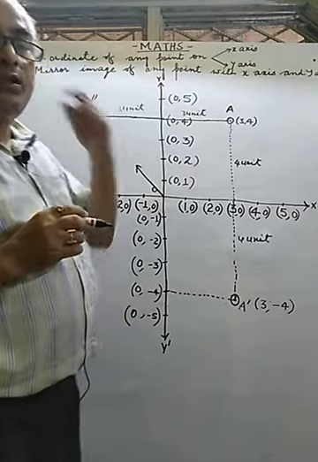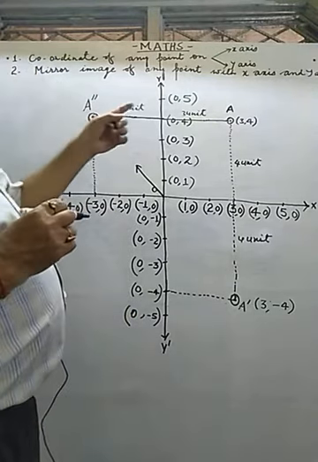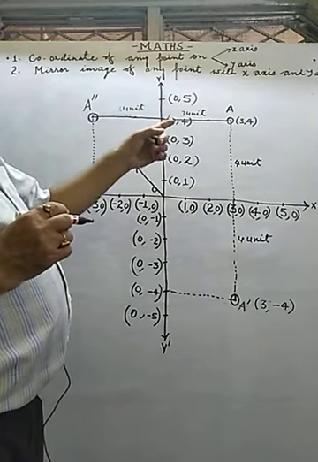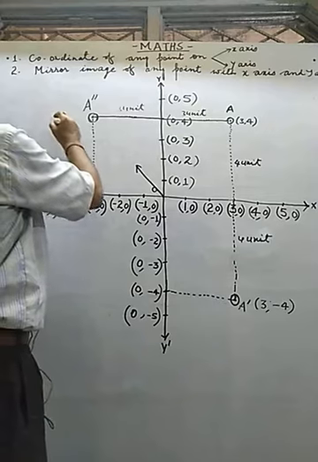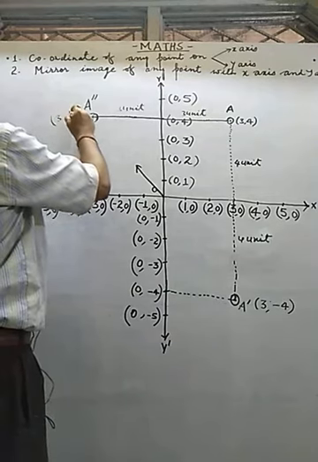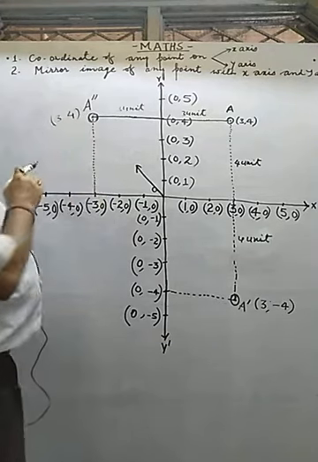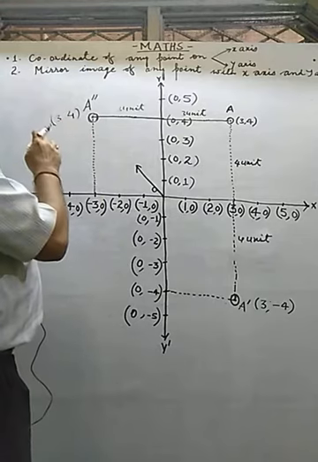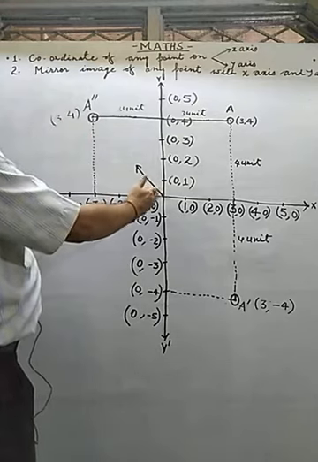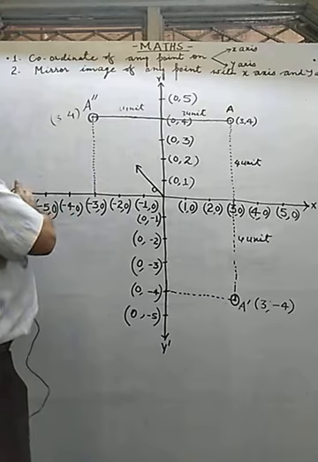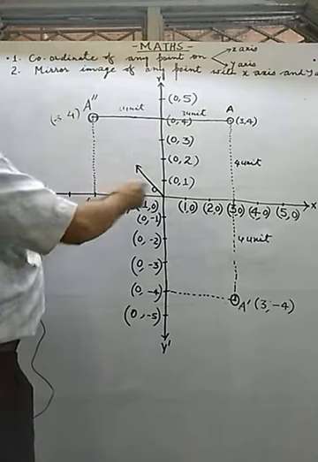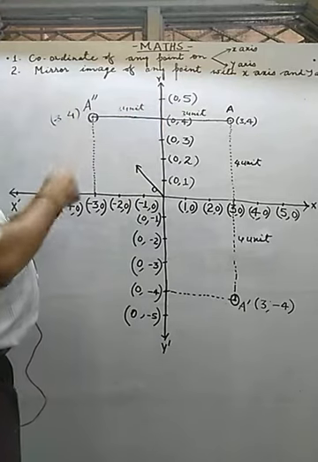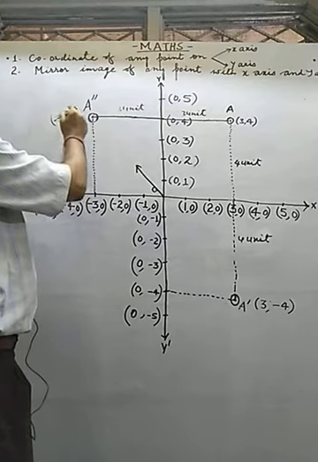So you may observe here the value of abscissa will be 3, ordinate 4, and according to sign convention, this is the coordinate of this image. Now what will be the sign? This abscissa is taken negative here, so this one is negative. This one is positive here, so 4 will be positive.